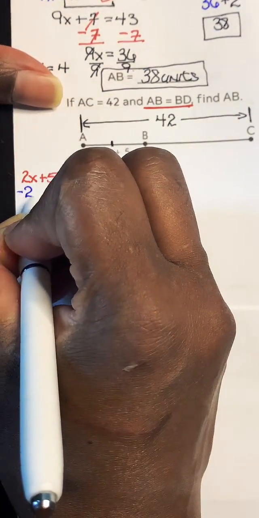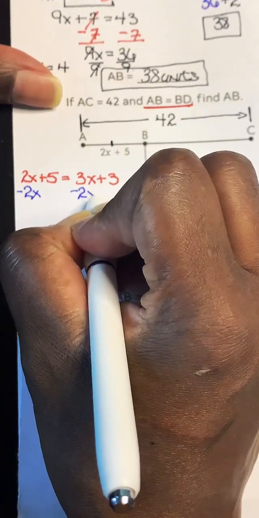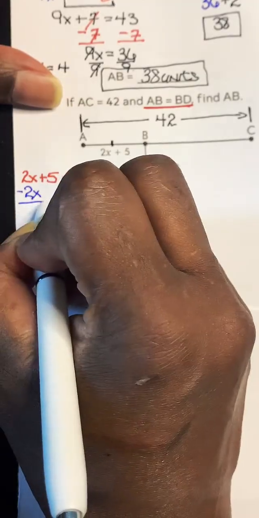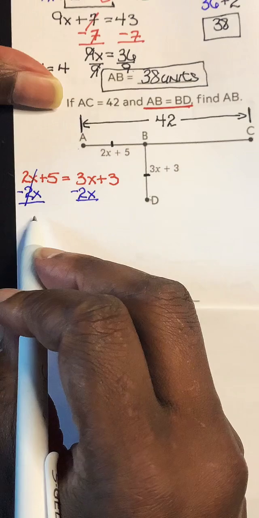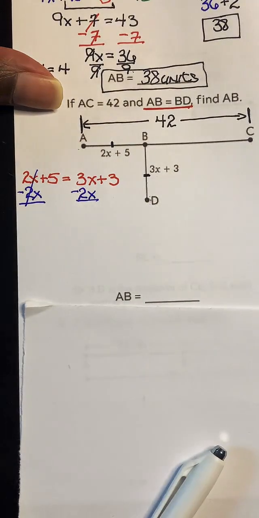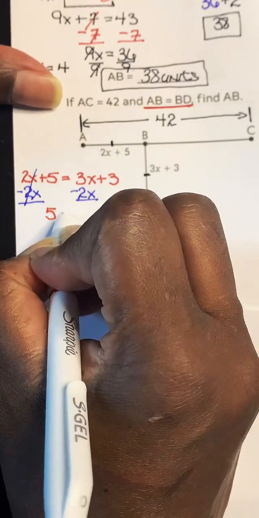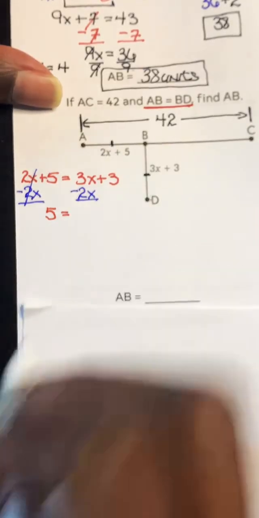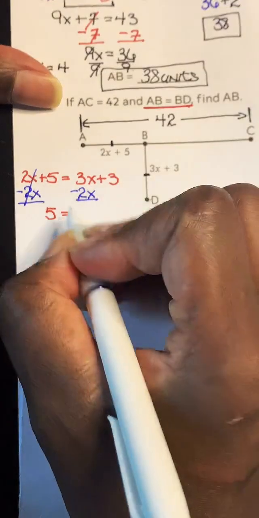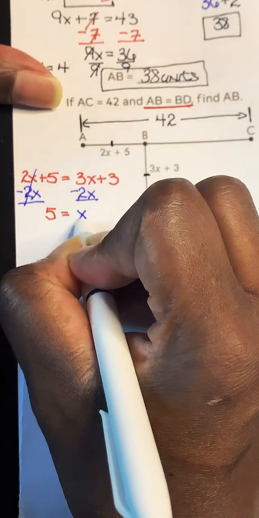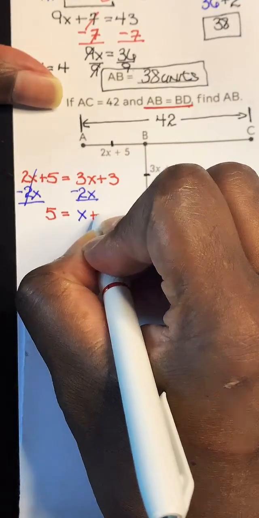You could subtract the 2x on both sides. 2x minus 2x gives me 0, but we're not putting the 0 down because we still have the 5 remaining on the left side of the equal sign. Now 3x minus 2x gives me 1x, or just simply x. And then I bring down my plus 3.